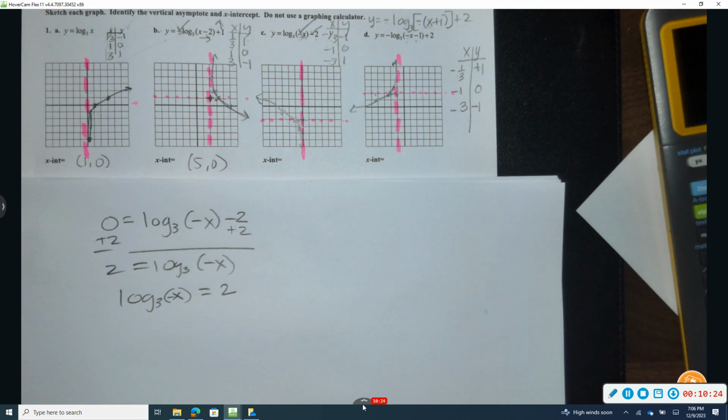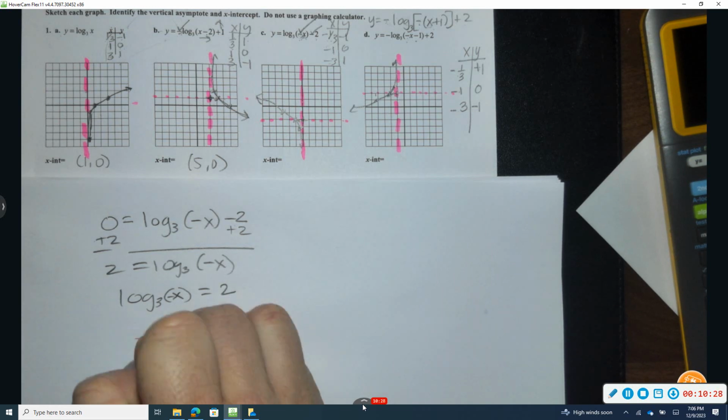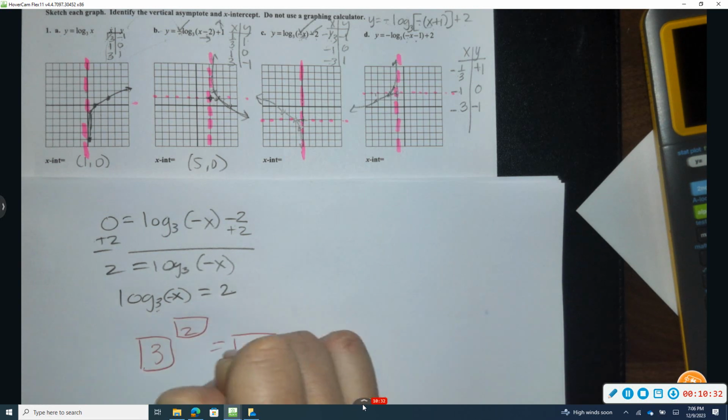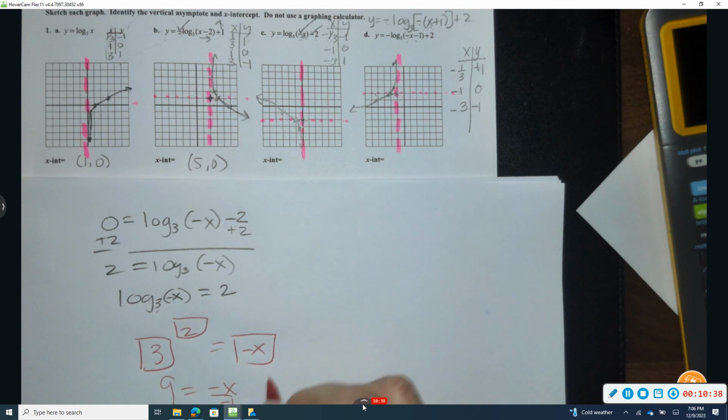And now I'm going to write it in exponential form. So 3 raised to the second power equals negative x. That'd be 9 equals negative x. And when I divide both sides by this negative 1, I get x equals negative 9.